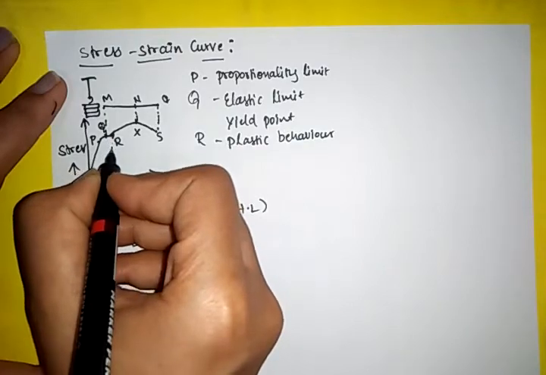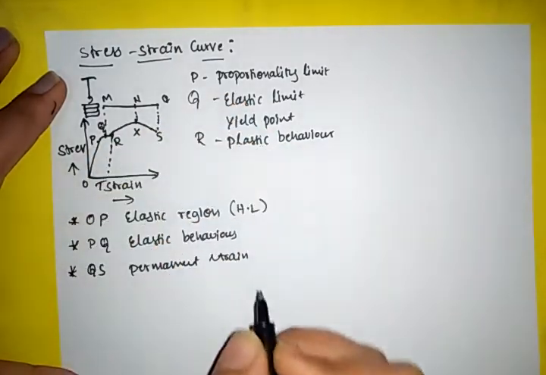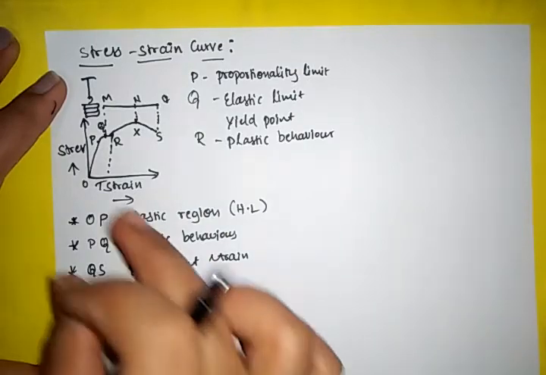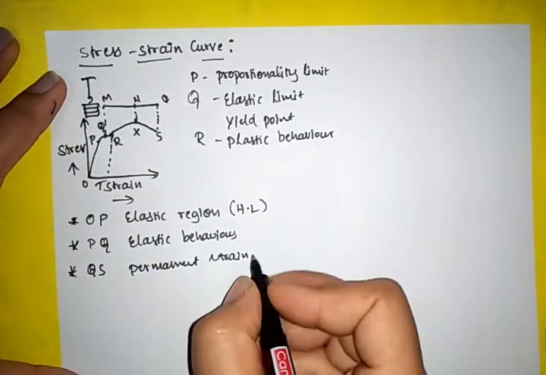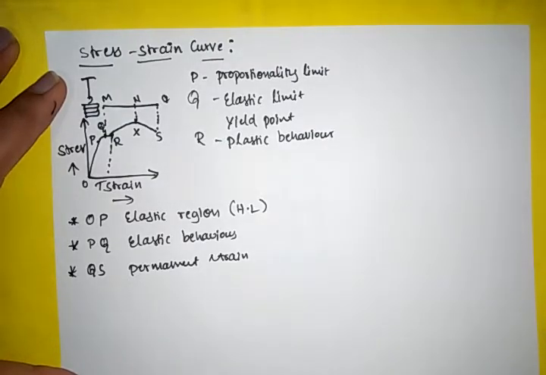When the deforming force applied is withdrawn, the material traces the curve RT, and the material is said to have a permanent set or permanent strain.